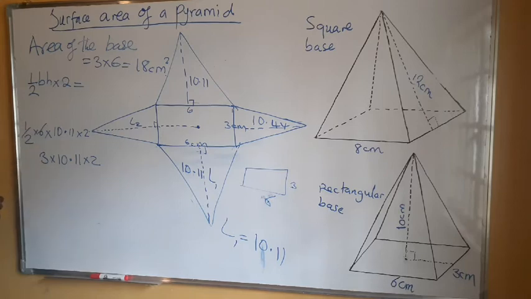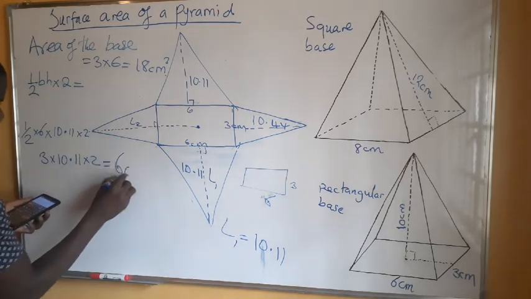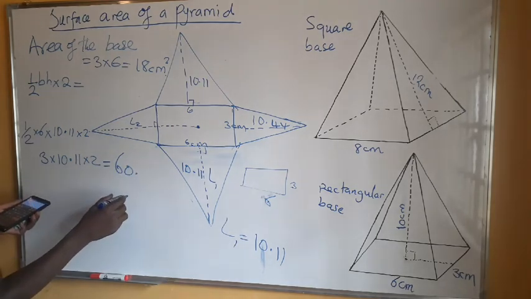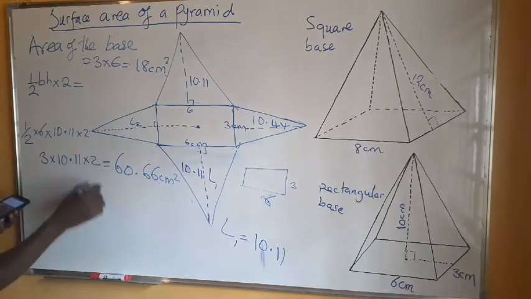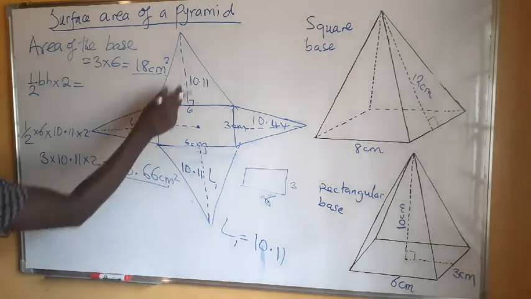So we multiply now. These ones that we have here. So we have 6 multiplied by 10.11. So this is giving me 60.66 centimeters squared. So we have this one. This is for these two.